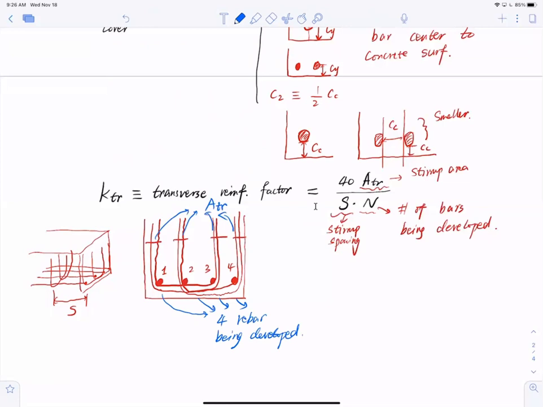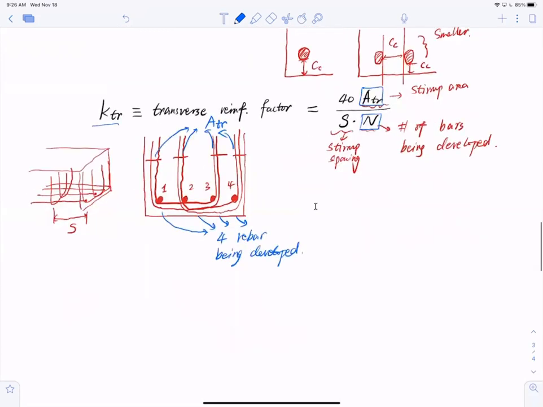The larger the area is, the higher the confinement you have. And the more bars need to be developed, the average confinement effect is lower. So keep this in mind: more stirrups means better bonding.